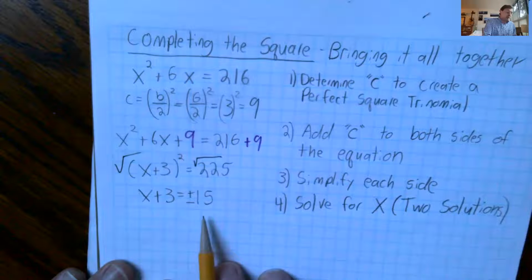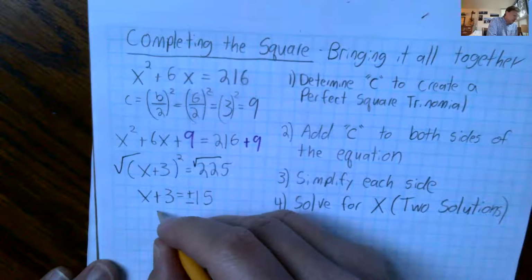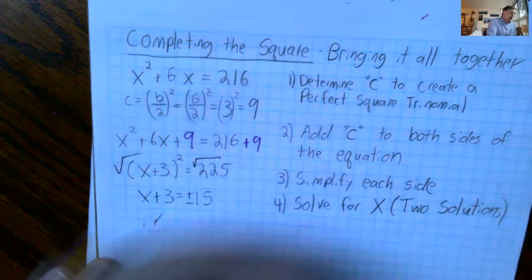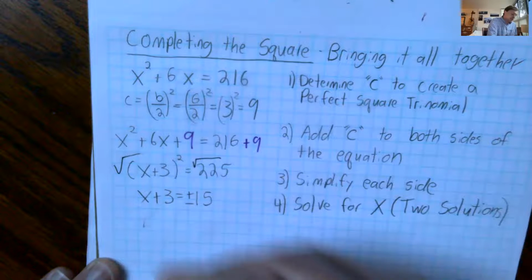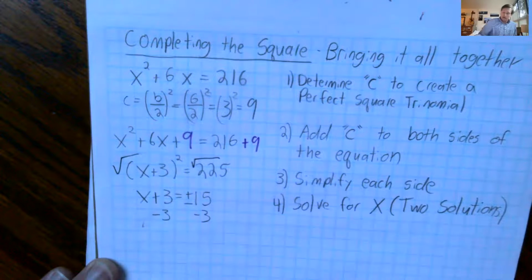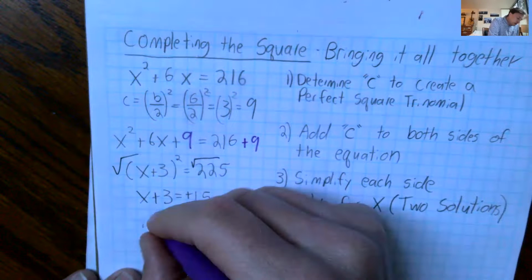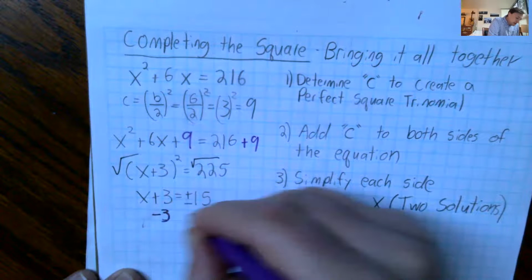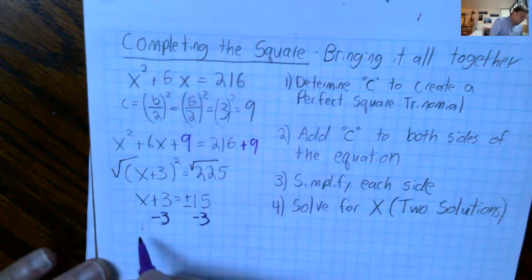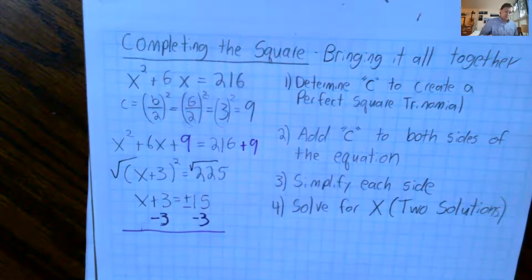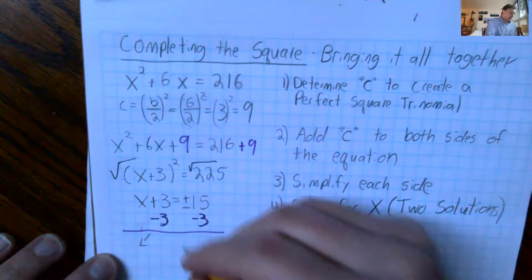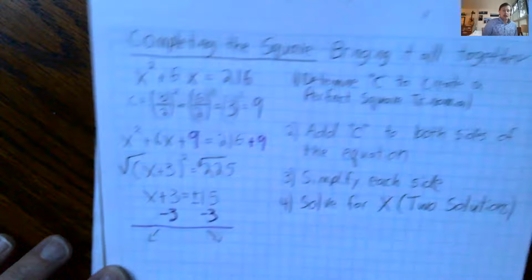So after we set this up, this is what we started with today. We're going to split this up into two. Actually, before we do that, sorry, I want to isolate x. So I'm going to take 3 away from each side, so that the 3's drop out. And now I'm going to split this up into a positive and a negative side.